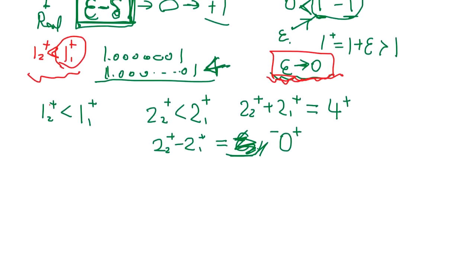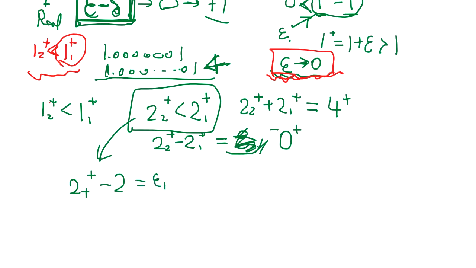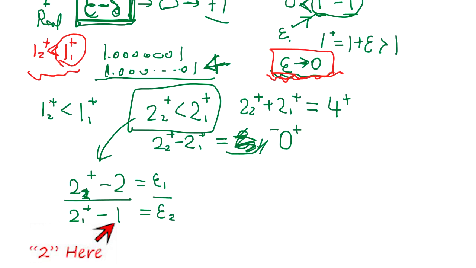But it gets very interesting when you take the ratio of two infinitesimally small numbers. Let's take this example. Subtract 2, this gives epsilon 1, and 1 minus 1 gives some kind of epsilon 2. Then what happens to this ratio?